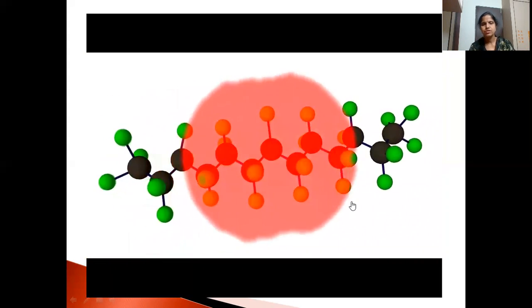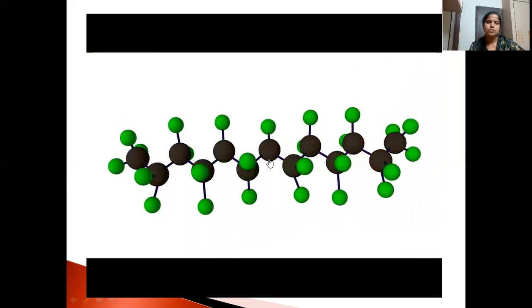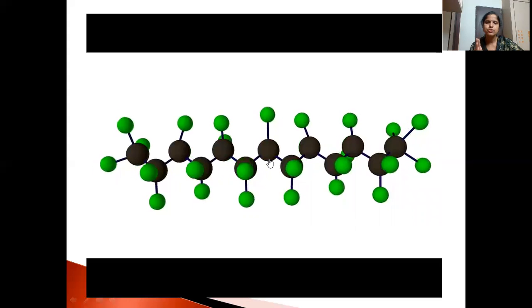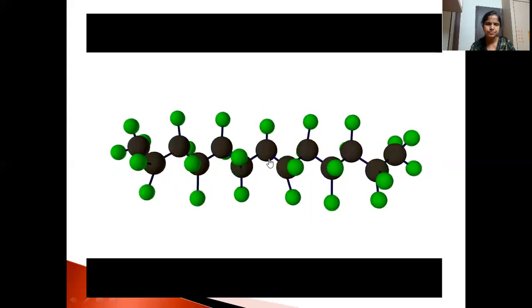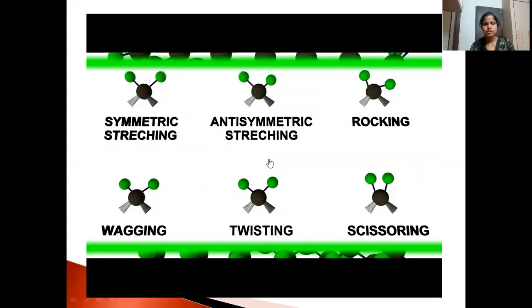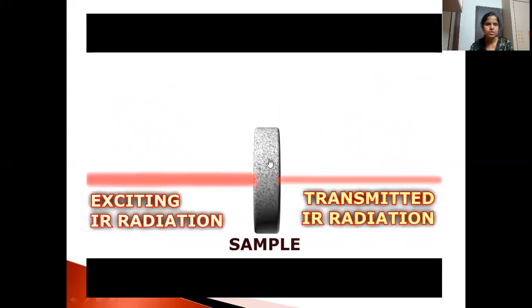When the frequency of IR radiation matches the frequency of the vibrations of the molecules, the amplitude increases, and because of that increase in amplitude of vibration, the spectrum is recorded. These are the different types of molecular vibrations we saw in our last class, stretching and bending modes. How does the spectrum look?